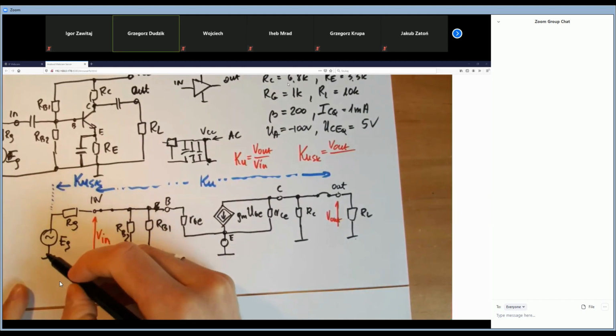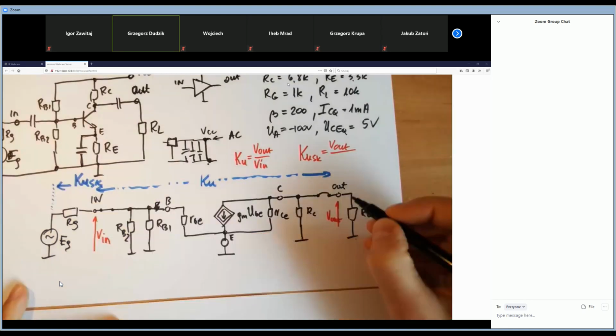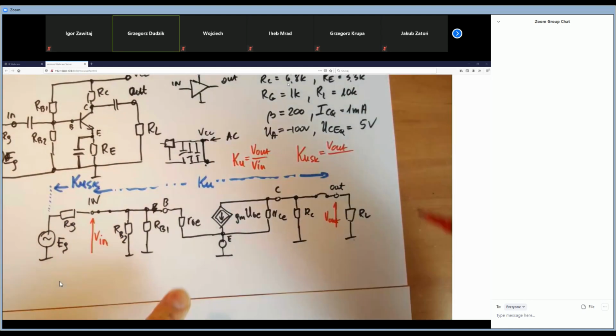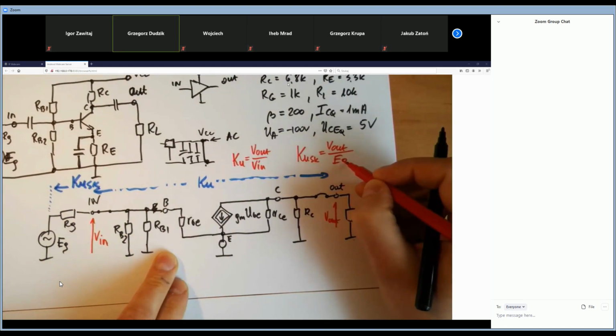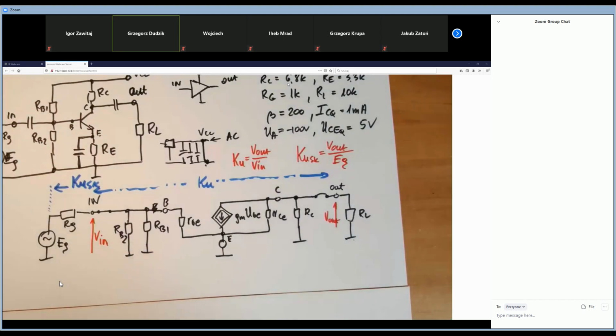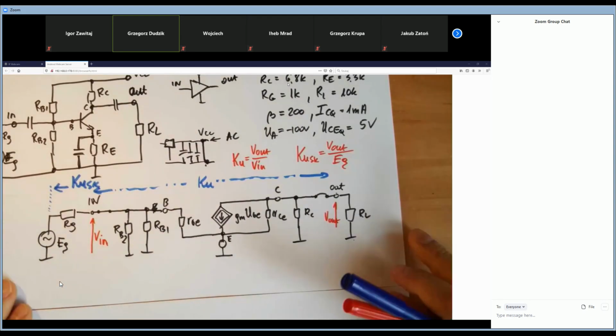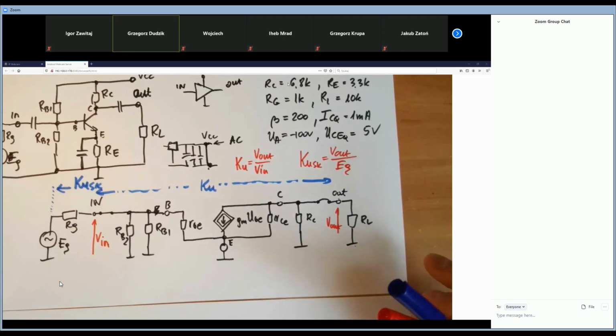The output voltage from our source, e.g. Why? Sometimes you have the situation where you have a generator.